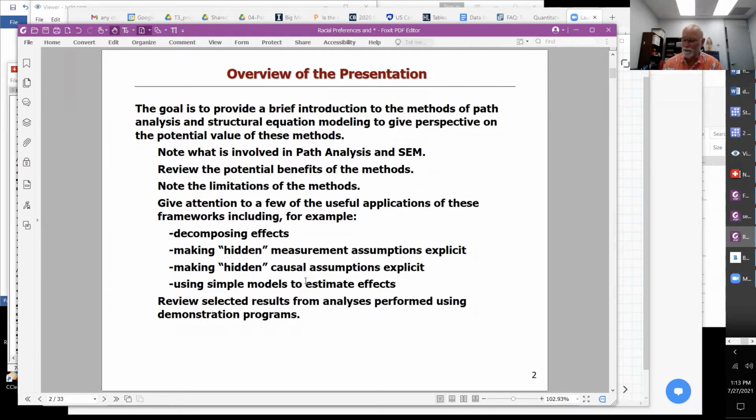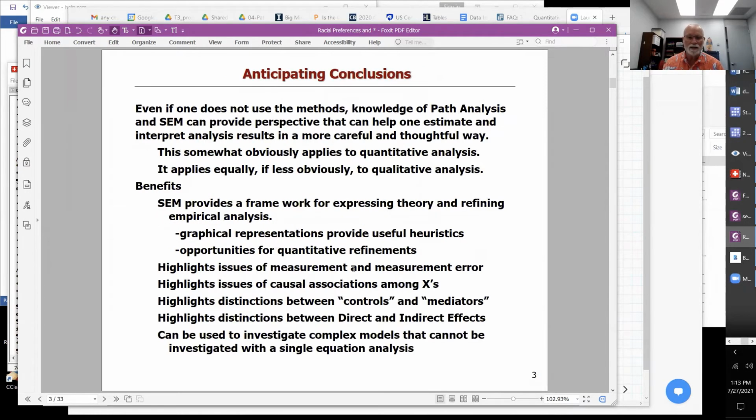And sometimes it may even be misguided. And there'll be a little bit of a demonstration of empirical applications, just a hint. And let's get going on.